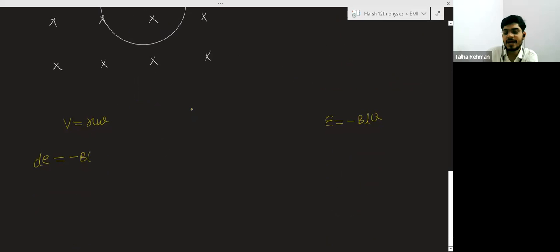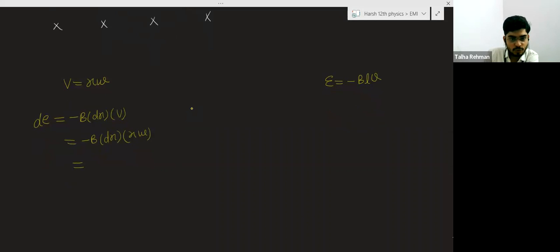Length of the element is dx, and for velocity you put x omega. So finally you have dE equal to minus B omega x dx.